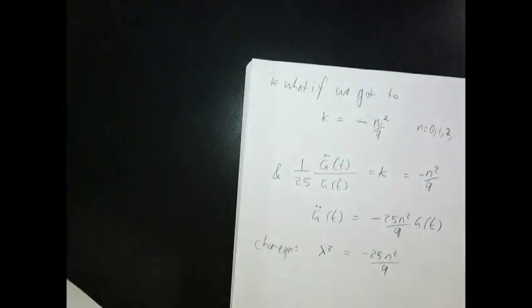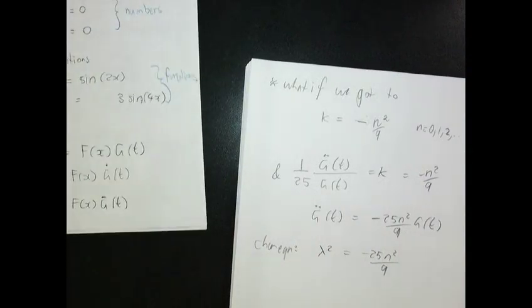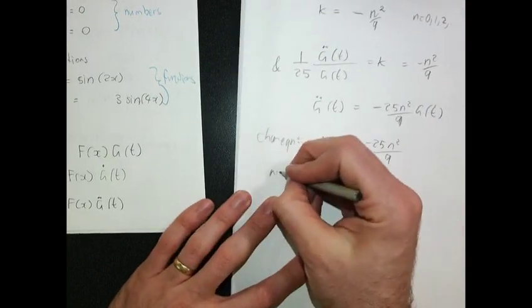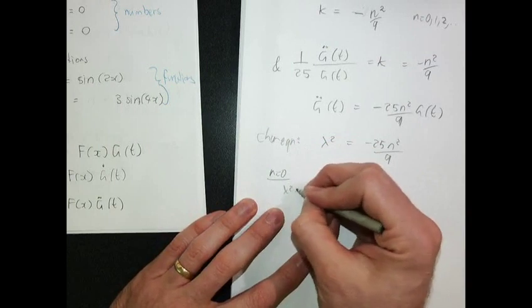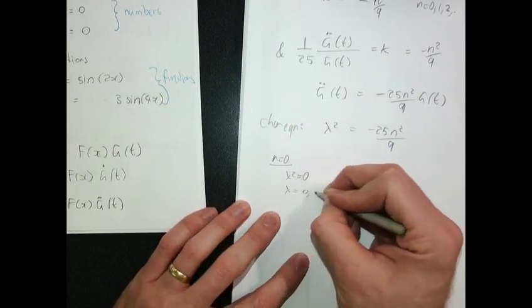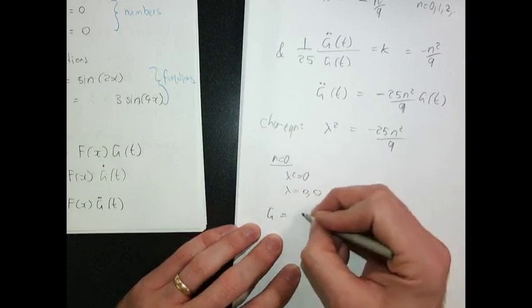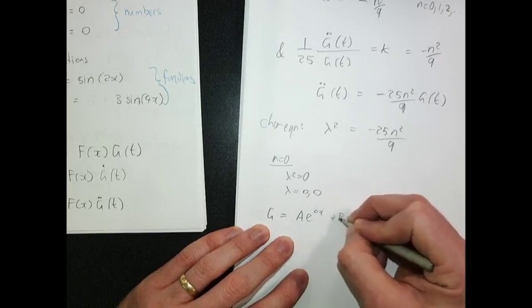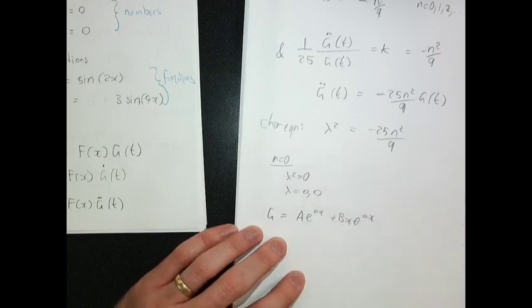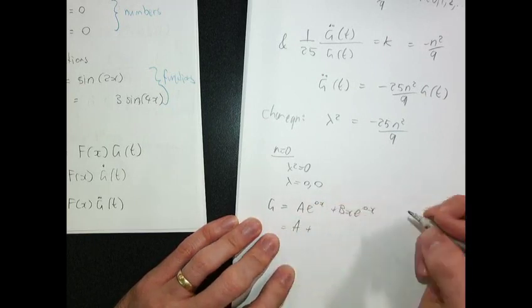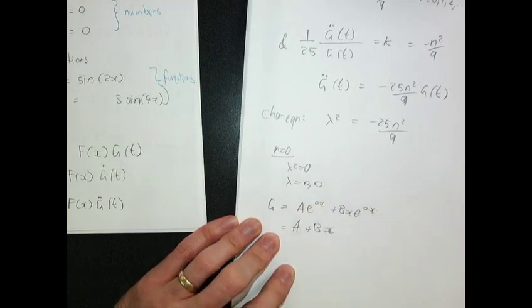I would get a different answer depending on whether n was 0 or not 0, and I would need to consider them separately. So if n is 0, I get lambda squared equals 0, which means that lambda is a double root, and I'd get g equals a plus bx.